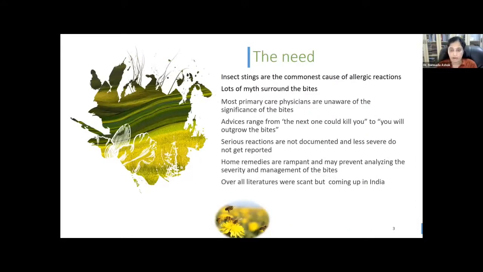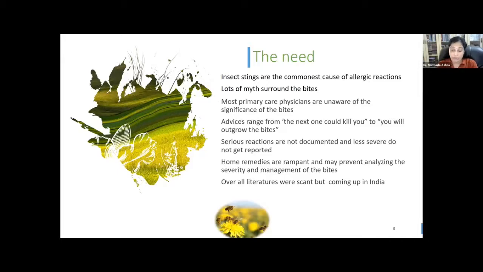So venom stings, do we really need this topic? That is on the minds of everybody, because most insect stings are very common reactions, and they don't even get reported. There are lots of myths surrounding the bites, and most primary care physicians are usually unaware of the significance of the bite. We usually say it will not do anything, or we think it will be just a mild allergic reaction.